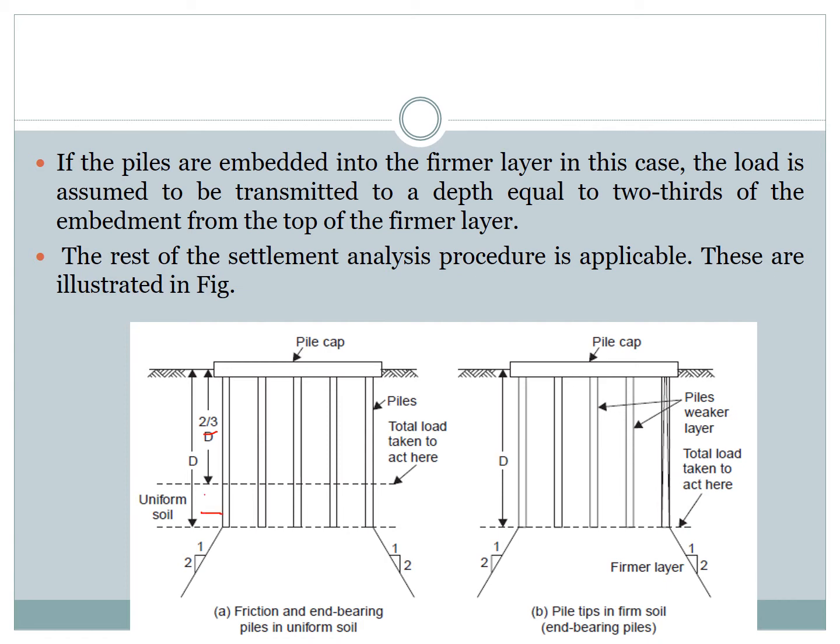In case of end bearing pile, which is resting on a firm stratum, the total load is assumed to act at the tip of the pile, and the load is assumed to be uniformly distributed and spread at an angle of 30 degrees with the vertical, or at a slope of 2 to 1 vertical to horizontal.